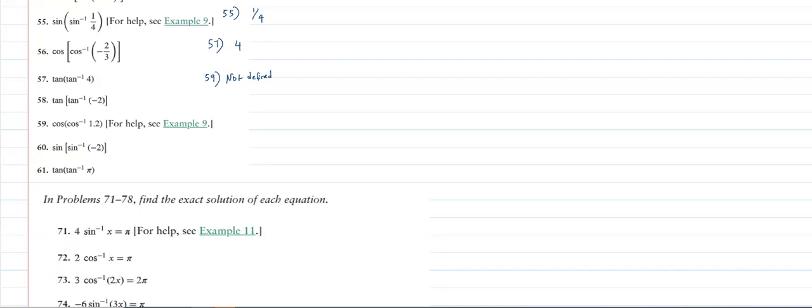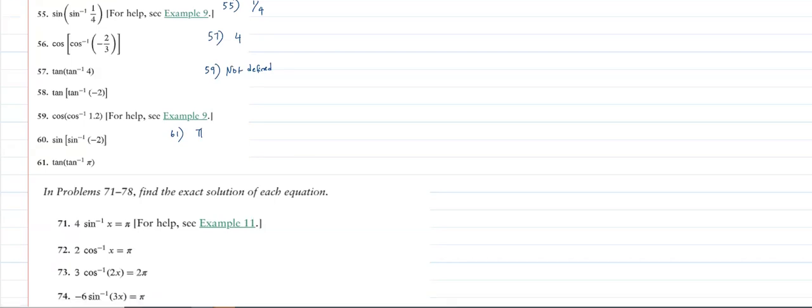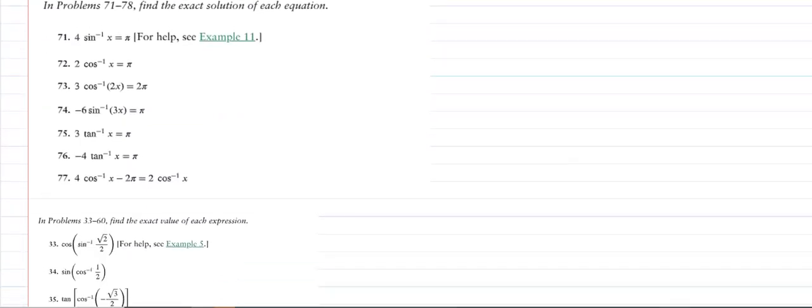And finally, 61, tan of tan inverse of pi is just pi because tan inverse can take any real input. Okay, so now that takes us to these set of problems where we are trying to find an exact solution. So remember, for all of these problems, my goal is to get the inverse function by itself on the left side.